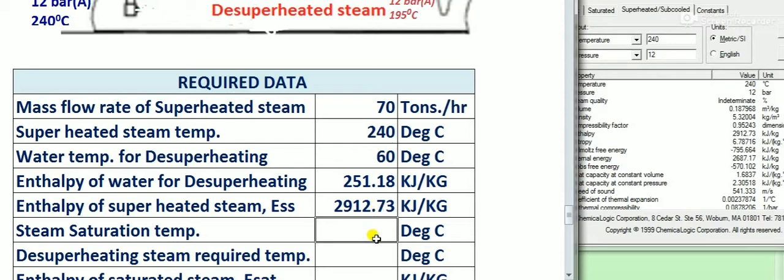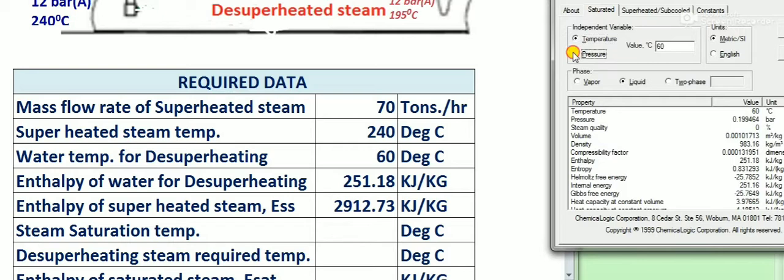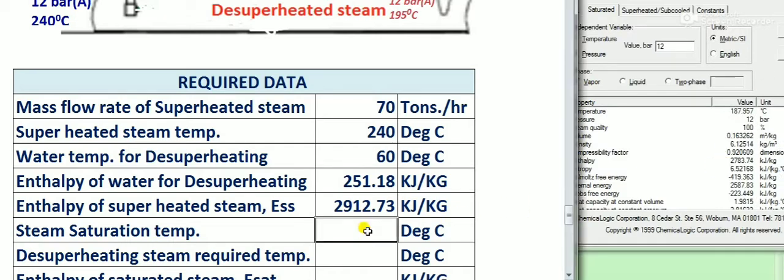And then the steam saturation temperature. The saturated temperature of the steam we want to find out from the steam table. The enthalpy of saturated steam is 2783.74.